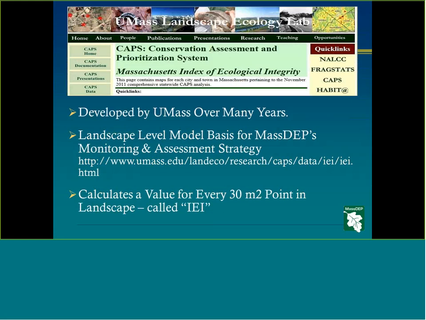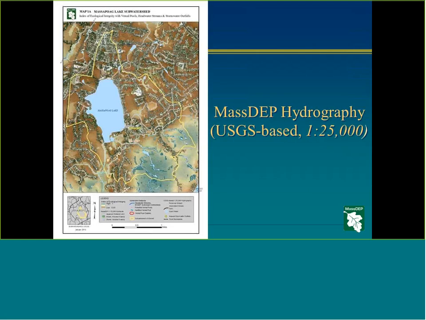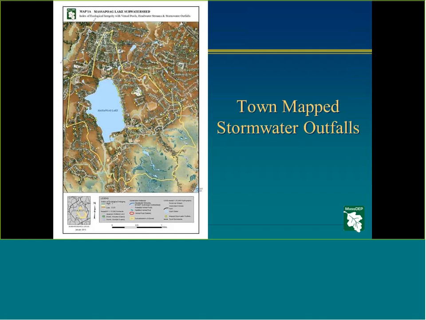The IEI is derived from the UMass CAPS landscape model used as a basis for MassDEP's monitoring and assessment strategy. The DEP hydrography layer is added on top of the IEI to highlight the location of rivers, streams, and water bodies in the landscape.